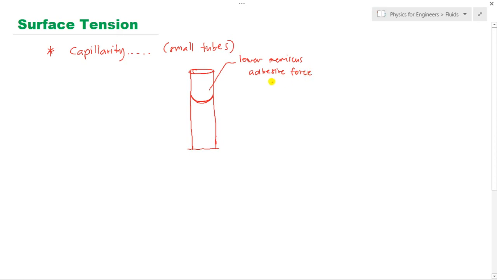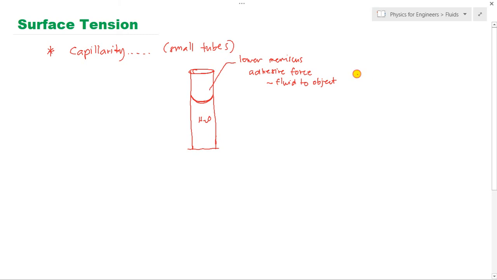So again, the adhesive force is the force that interacts between the fluid and the object. Let's say this is water, H2O, and the object is a cylindrical glass. So the adhesive force is higher here because the water clings strongly to the object.